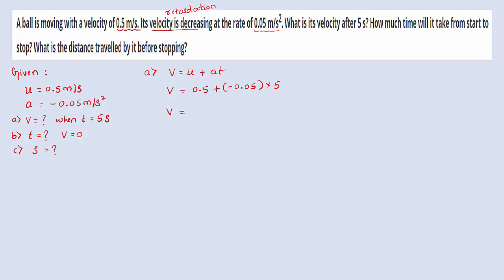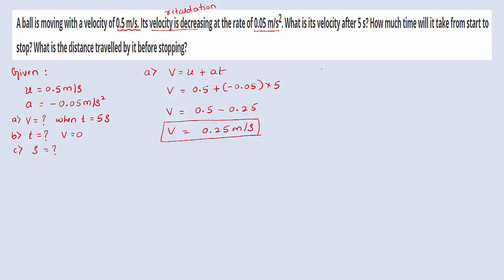So v equal to 0.5 keep as it is, 0.05 into 5 gives 0.25 because 5 fives are 25. So plus into minus will be minus 0.25. So the answer is 0.25 meter per second. This is the velocity of the ball when time is 5 seconds.